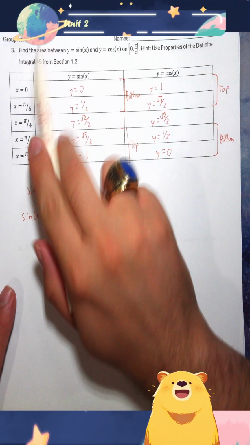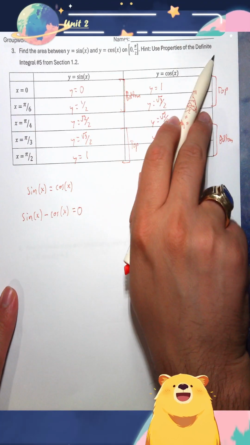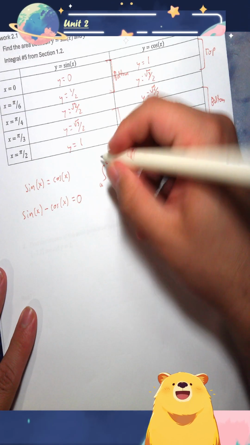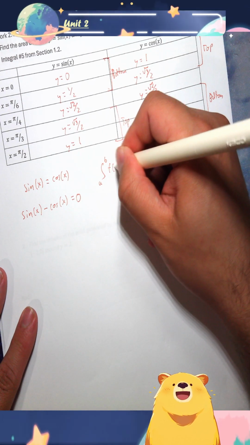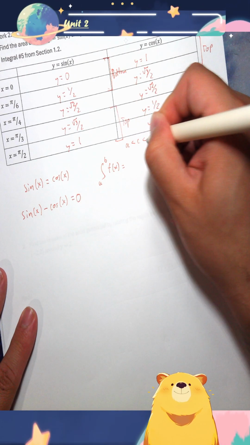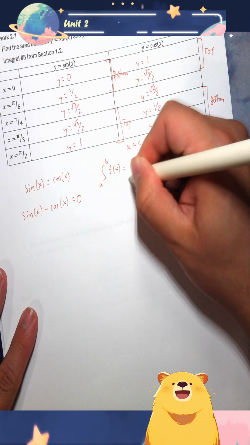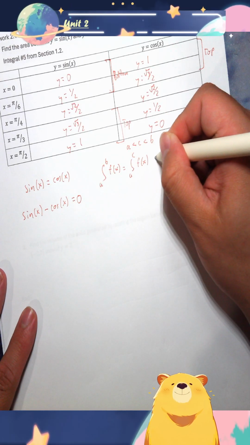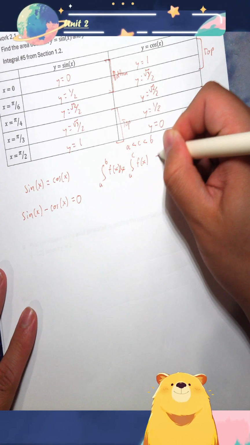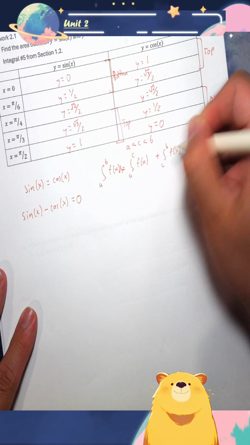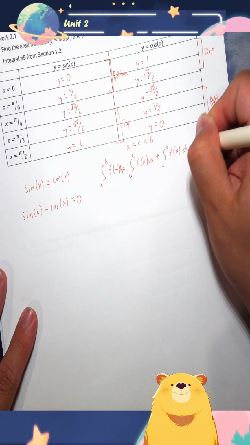Well, how do you do that? Recall this integral property. We state that if we have an integral where something is in the middle, such as c, we can split it up like this, with dx.